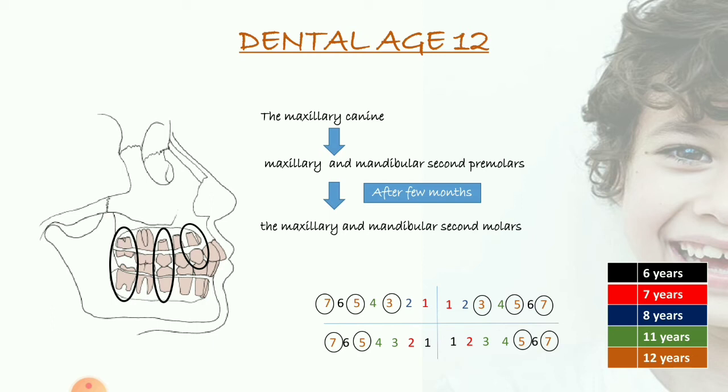And at the age of 12 years, for maxilla we have the odd number sequence, that is 3, 5, 7, that is maxillary canine, maxillary second premolar and maxillary second molar. And for mandible we have 5 and 7, that is mandibular second premolar and mandibular second molar.